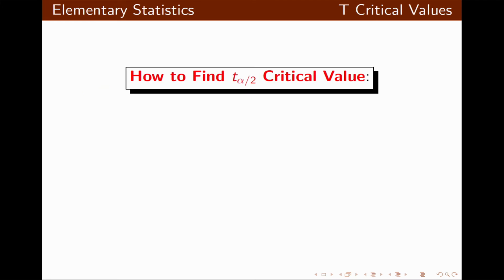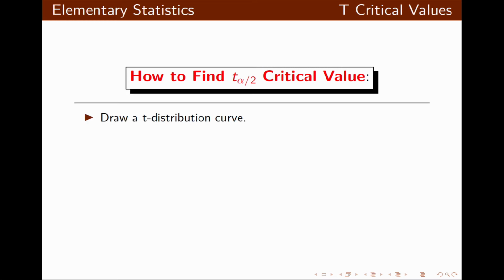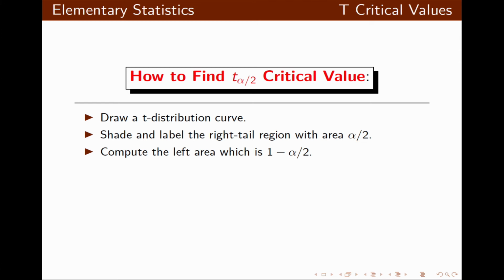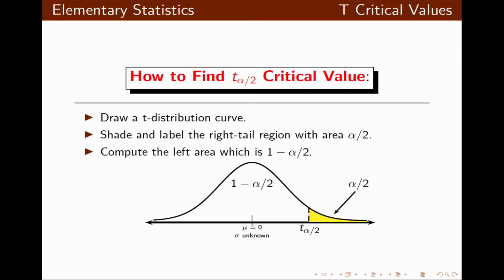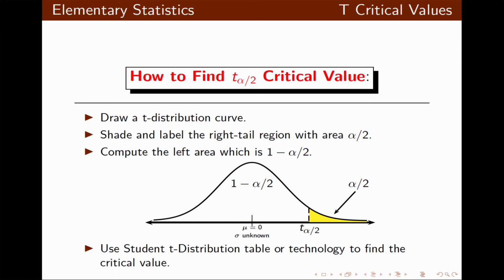How to find critical value? We're going to draw the t distribution curve. We're going to shade and label the right tail region with the area alpha over 2. We're going to compute the left area, which is 1 minus alpha over 2. And then we're going to use student t distribution table or technology to find the critical value.